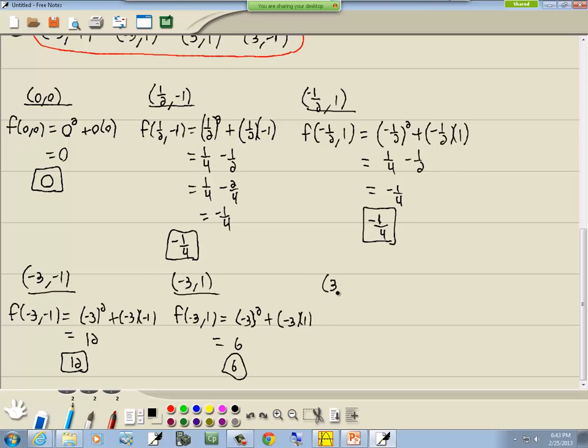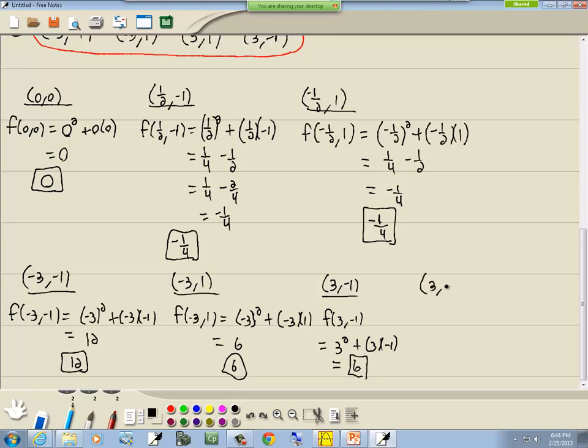And then we'll plug in 3, negative 1. So f of 3, negative 1 is going to give us 3 squared plus 3 times negative 1, which is 9 minus 3, which is 6.